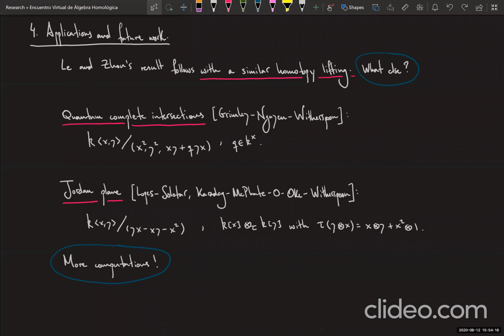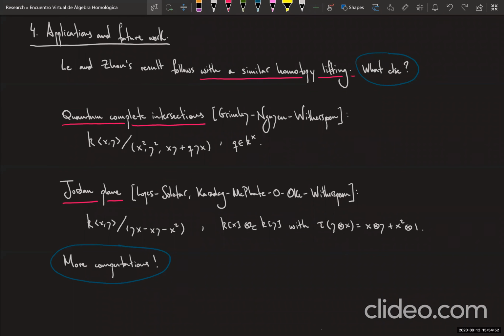Another application of these techniques is computations of the Gerstenhaber algebra structure of the Jordan plane. This was first computed by Lopes and Solotar, and they used technical machinery involving spectral sequences. But the methods that Kardag, McFate, myself, Ocal, and Witherspoon used last year were much more elementary, with the exception of Volkov's homotopy lifting techniques.